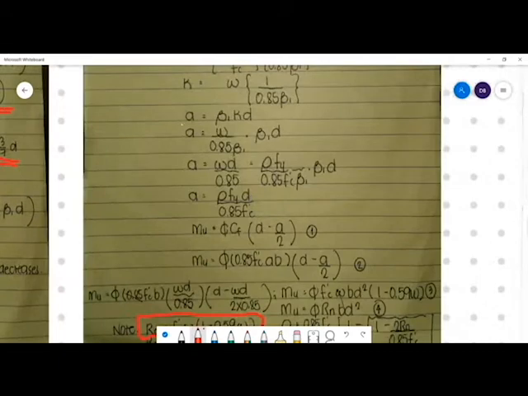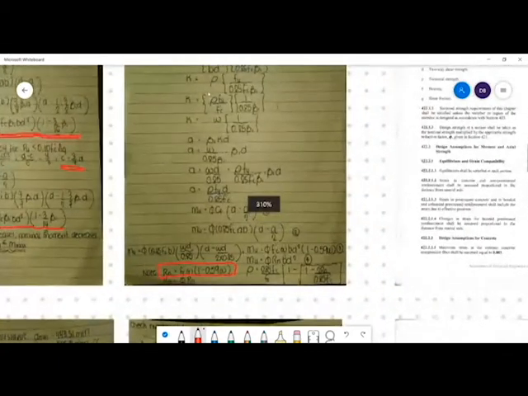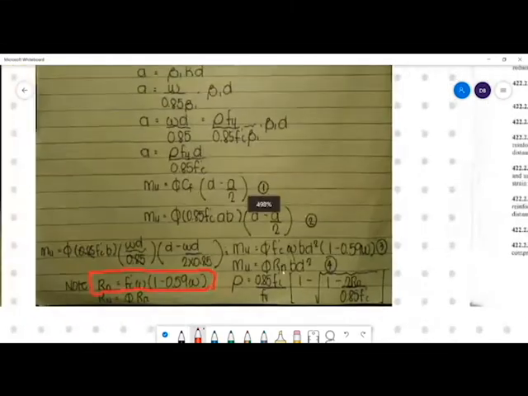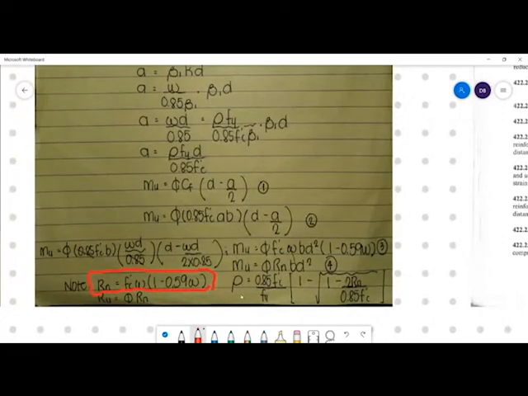Then also this one. You don't have to memorize that if you are just going to design. But if you are able to solve for Rn, you can solve for rho, which is equal to 0.85 f'c over Fy times 1 minus the square root of 1 minus 2 Rn over 0.85 f'c.